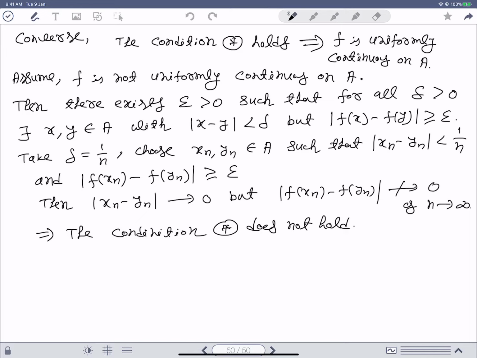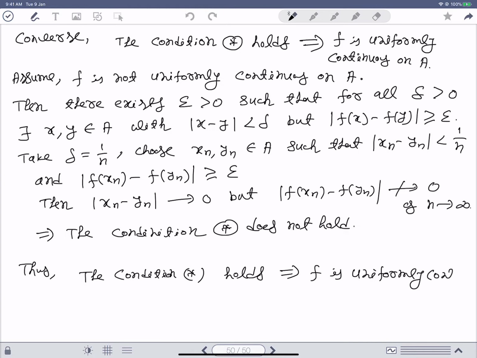In other words, we have the condition star holds implies f is uniformly continuous on the domain A, right? So we are done.